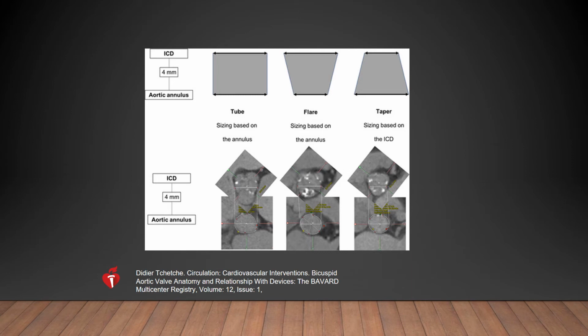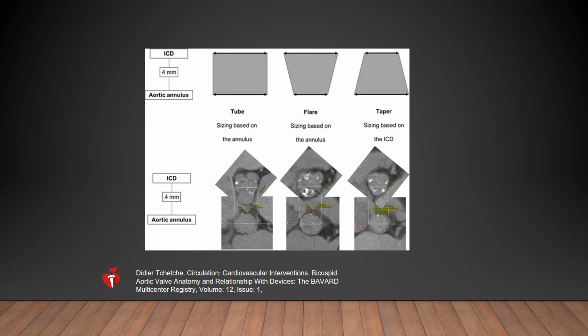If you have the bicuspid pathology in the shape of a taper, where the annulus is wider than the intercommissural dimension, then the sizing is based on the intercommissural dimension.